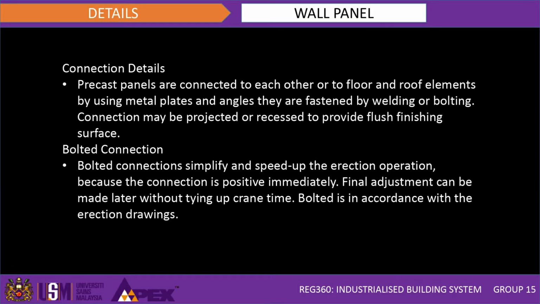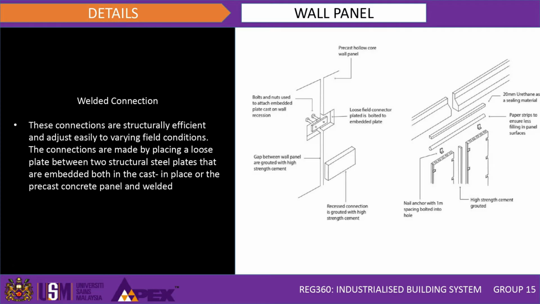Next is the wall panel, which is using the precast panel connected to each other, and to floor and roof, by using metal plate and angle, and they are fastened by welding or bolting. So the bolted connection simplifies and speeds up the erection time because the connection is positive immediately. And for the welded connection, the connection is structurally efficient and adjusts easily to varying field conditions.